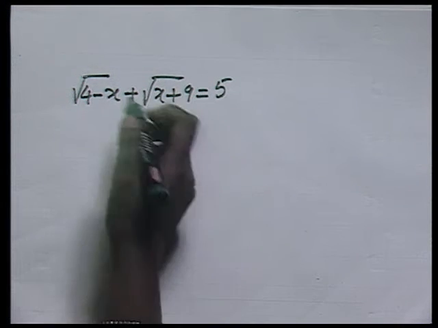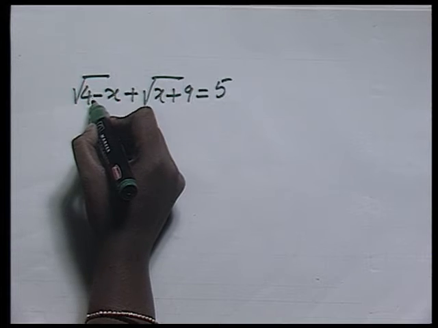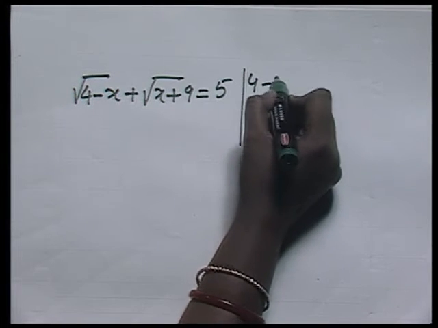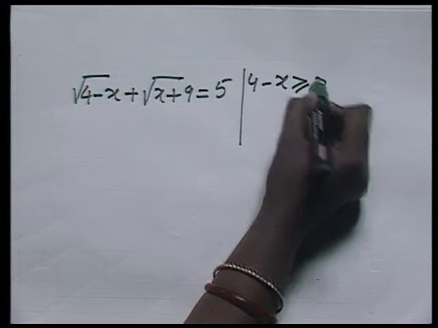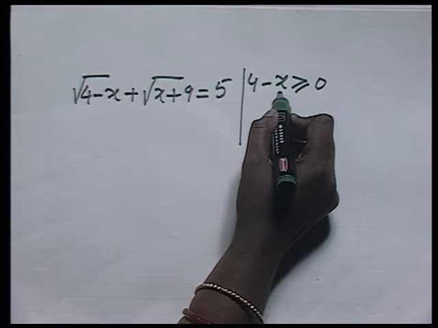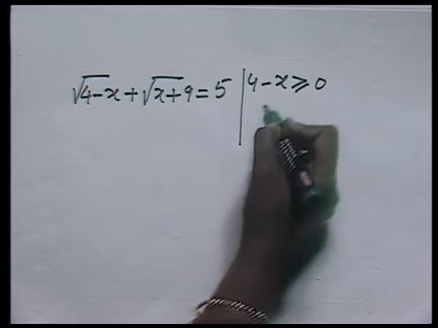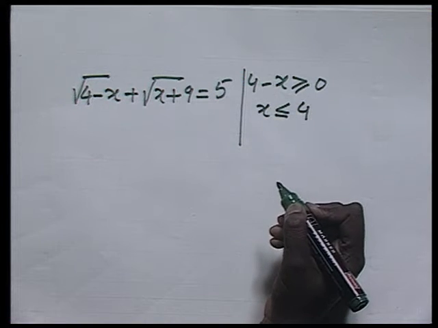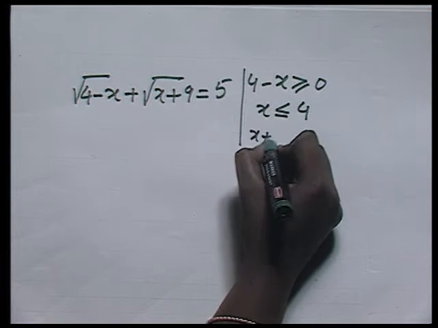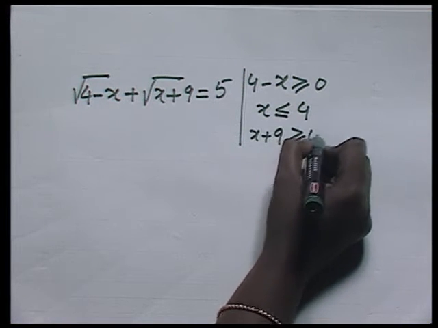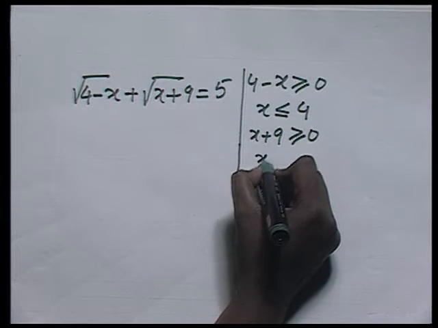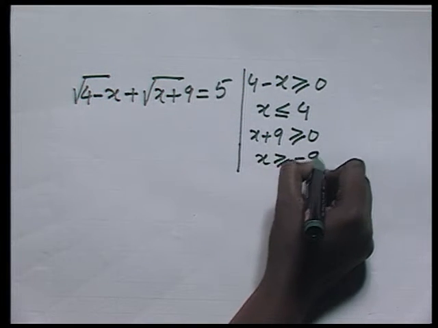And we also find that 4 minus x should be non-negative, because in real numbers there are no square roots of negative numbers. That means x is less than or equal to 4. Also, x plus 9 should be non-negative. By the same reasoning, that means x is greater than or equal to minus 9.